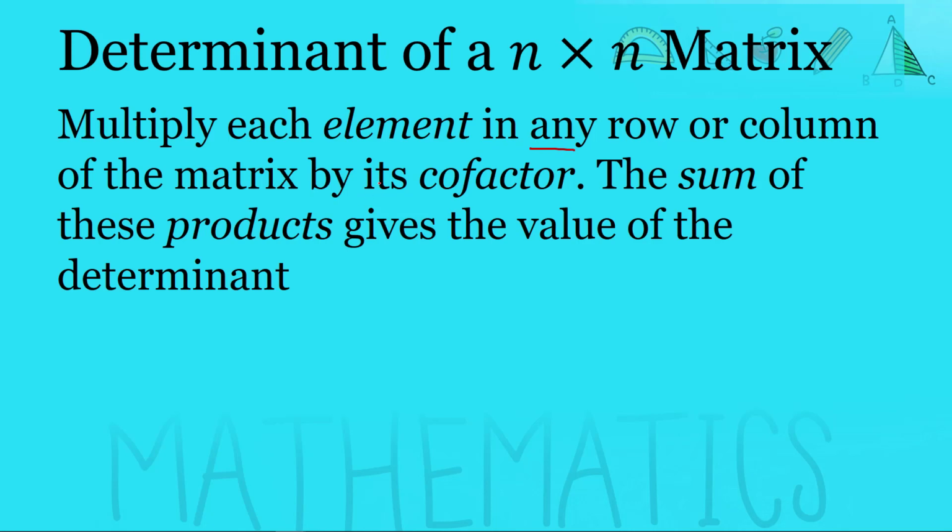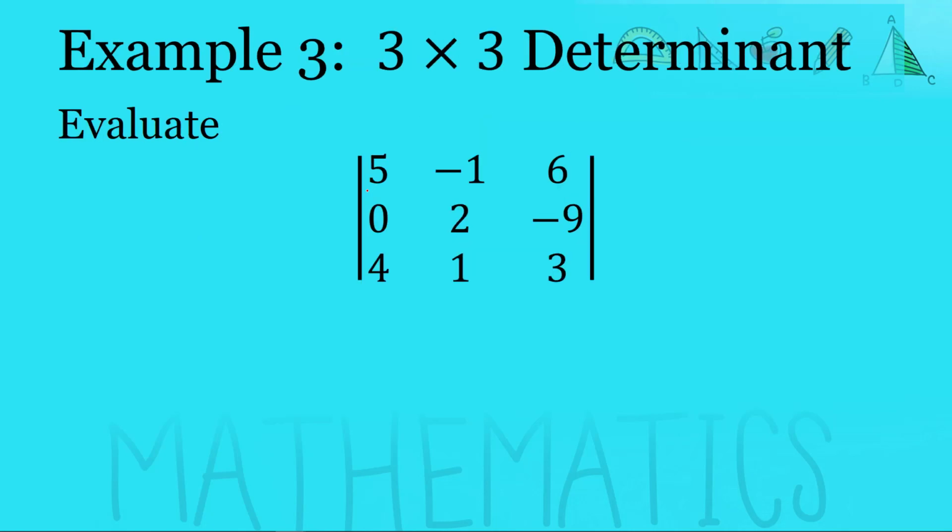So the first thing we want to do is choose which row or column we want to use. And I'm thinking we should probably use this one. Why? Well, because there's a 0 there, which makes one of the operations trivial. And the second reason is because we already computed the cofactors for them, so this should be pretty straightforward.